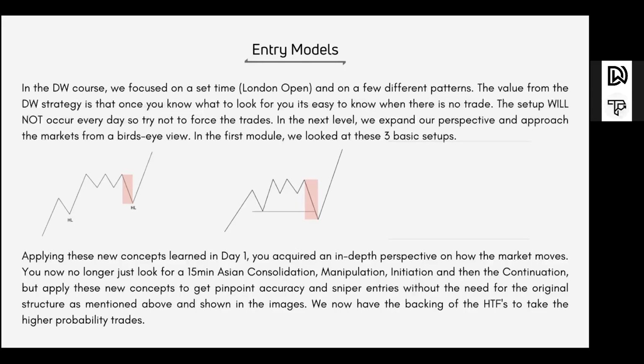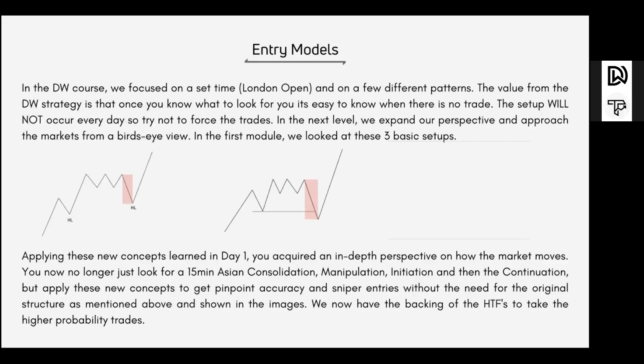The second one was where we broke the previous low, grabbed the liquidity, and then went in a direction. And the last one is where we had the equal highs or equal lows created as price pushed down into that area. So by applying these new concepts learned in the first day, you acquired an in-depth perspective on how the market moves.